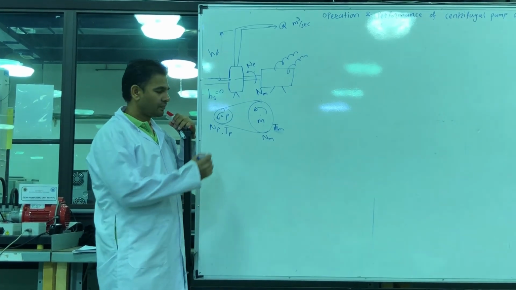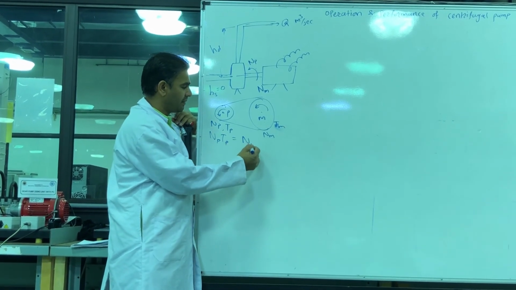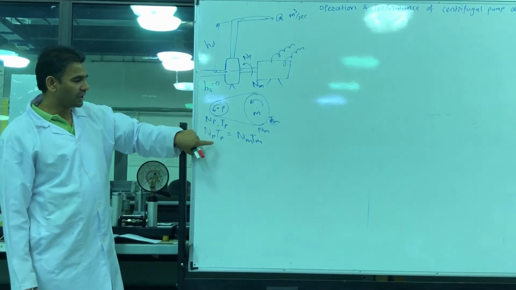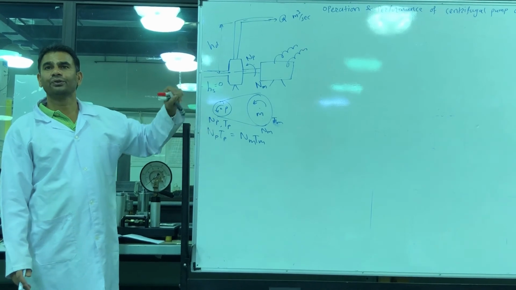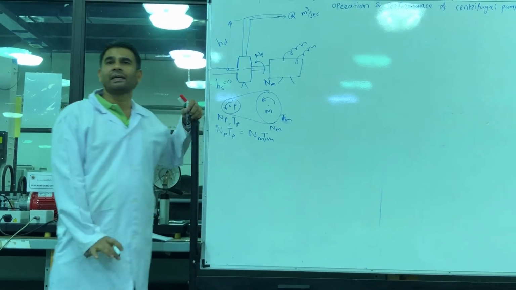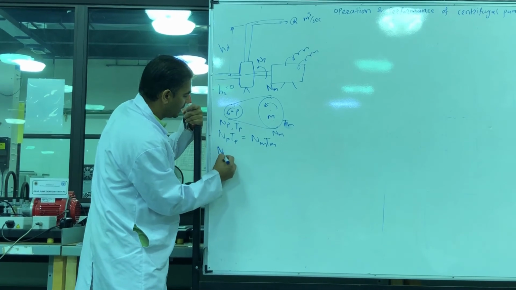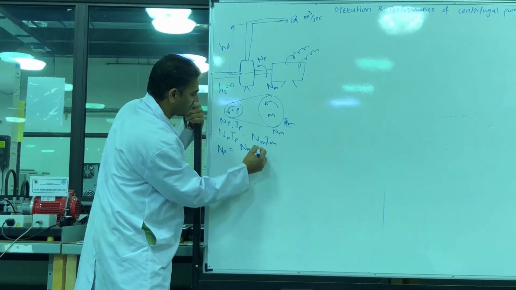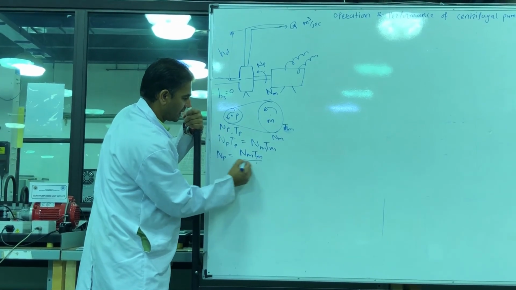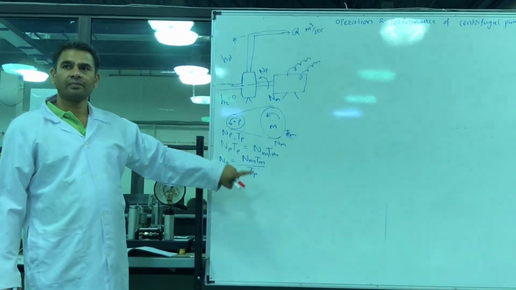NP TP is equal to NM TM. You know this relation. Or sometimes you can replace this in terms of diameter, if you know the diameter: D divided by D. From that we can also find it out. So NP is equal to the number of teeth on the motor times the RPM of the motor, divided by the number of teeth on the pump.